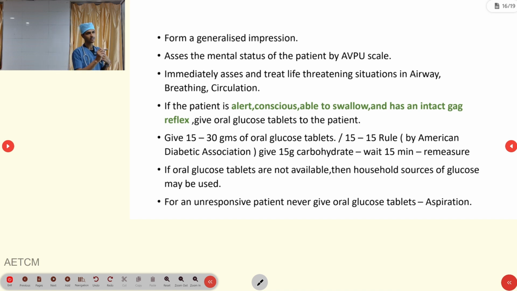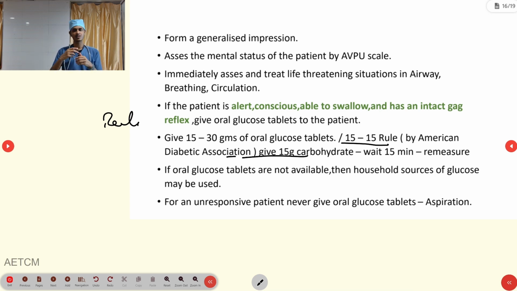So here we have a rule of 15. This is the rule of 15 given by the American Diabetes Association. What they are telling is you have to give 15 grams of carbohydrate, and then wait for 15 minutes.